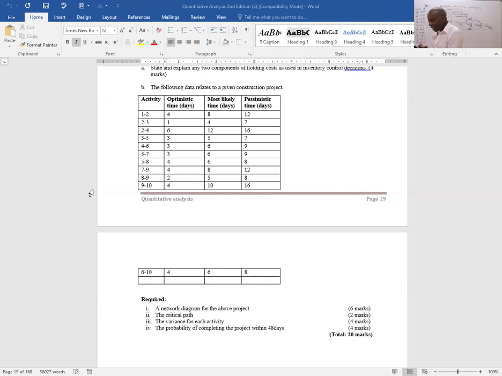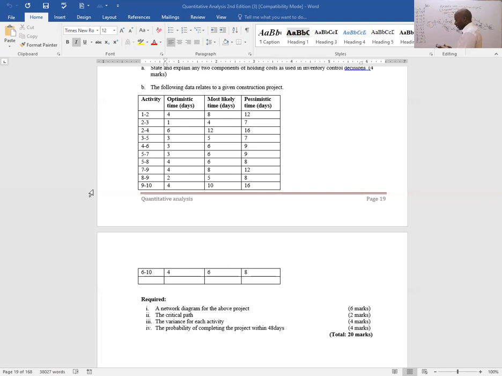The fourth one, we have 3 plus 4 times 5 plus 7, equals, divide by 6. What am I getting? 5. So that is activity D, which is 5.